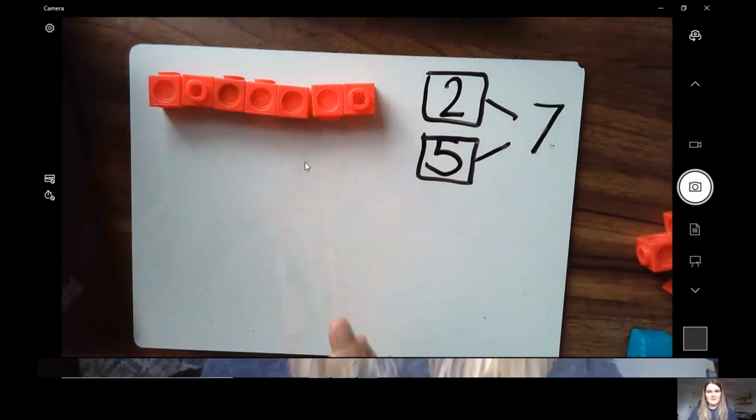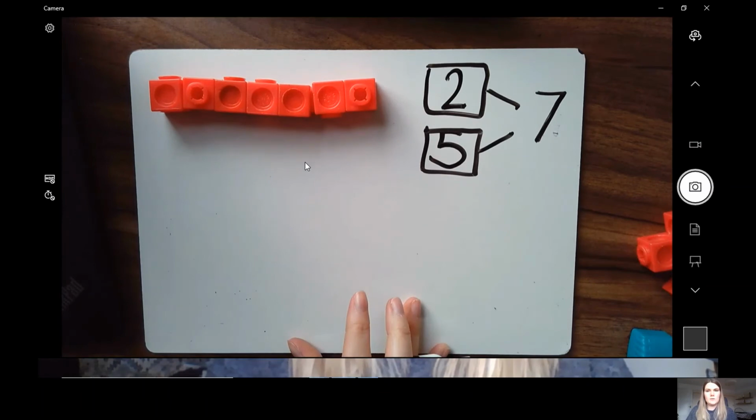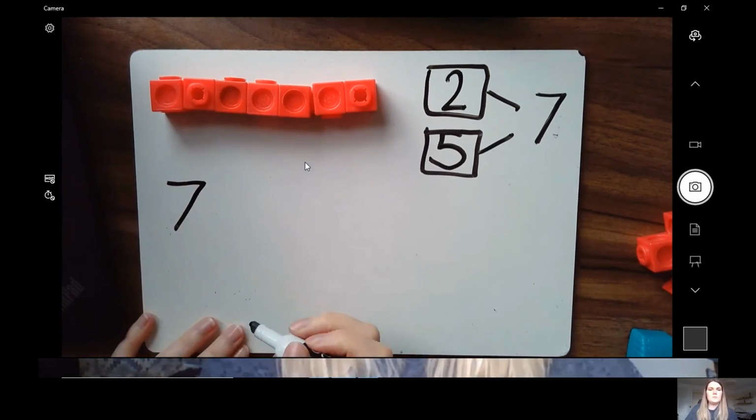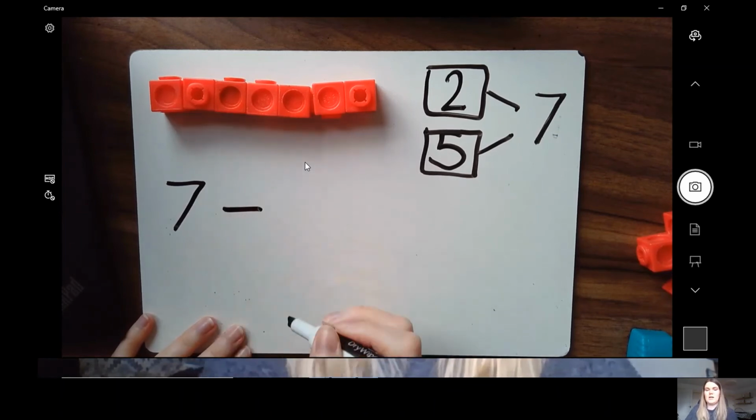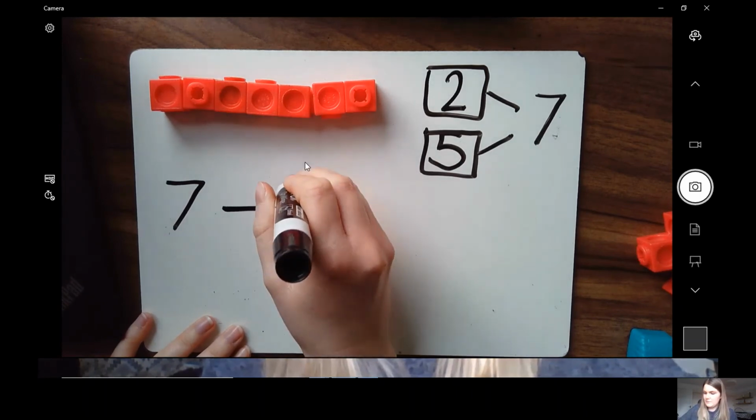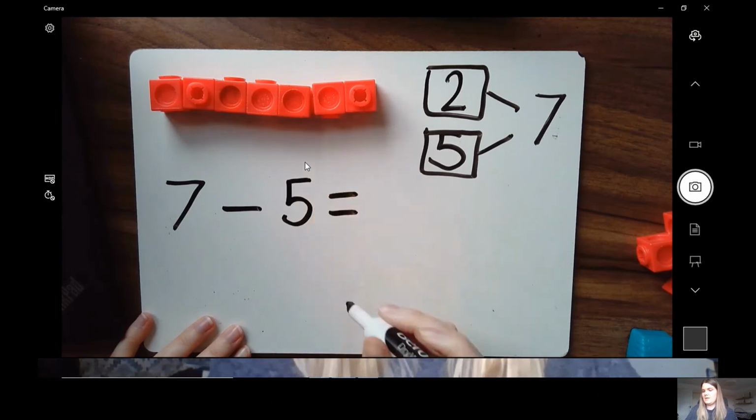So now we can have a bit of fun and create our sums. The first number we write in is what? 7. Are we adding or subtracting? We're subtracting. Very good. So we're going to put in a subtract sign. What number should I put in now? I'm going to put the 5 in. Okay.